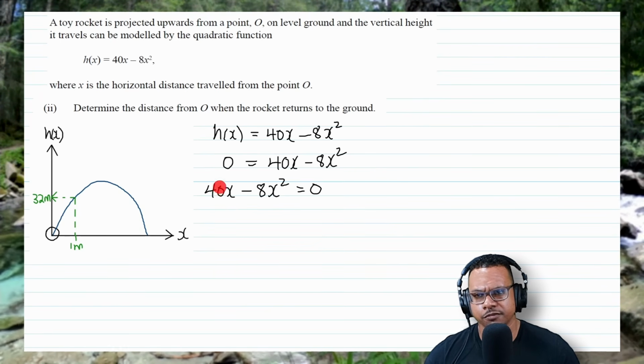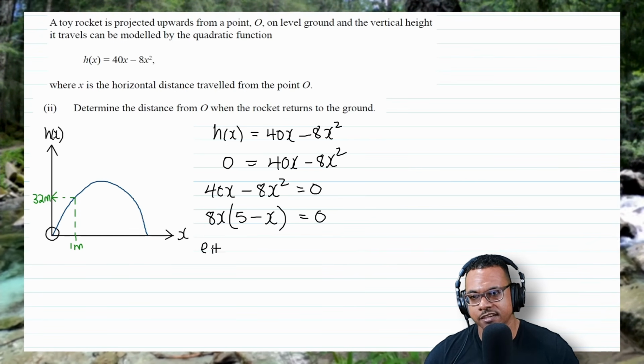I'm seeing that 8 could go into 40 five times, and also x could go into x squared. So our HCF would be 8x, so open brackets. Divide the 40x by 8x and we get 5. Divide 8x² by 8x, and we get x. So we get 8x(5 - x) = 0.